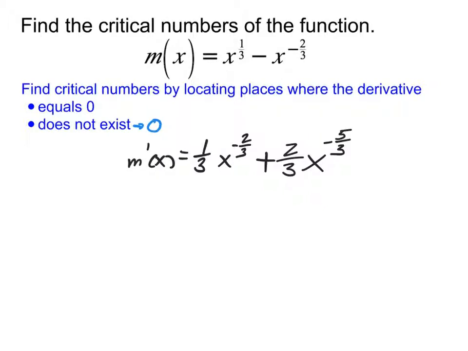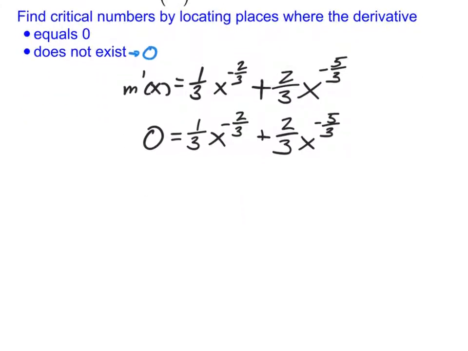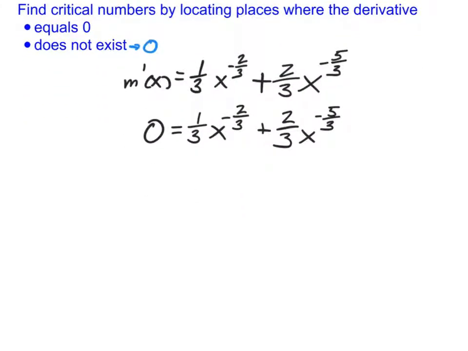All right, we now need to solve this when it's set equal to 0. It's kind of tricky, and there are multiple methods, but I'm going to show you the method that I like the most. The first thing I want to do is turn this into the radical forms.